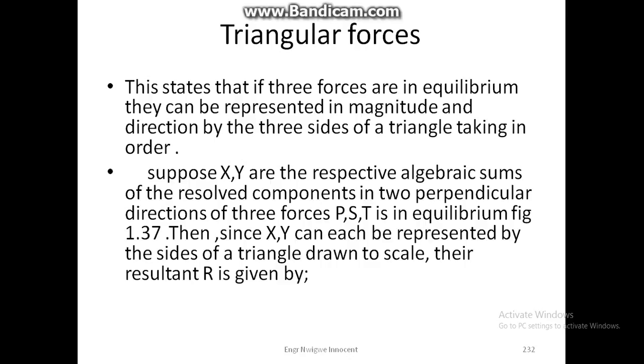Figure 1.37. Then, since X and Y can each be represented by the sides of a triangle drawn to scale, the resultant R is given by R squared equals X squared plus Y squared. Figure 1.37 shows the resolution of forces at a point.